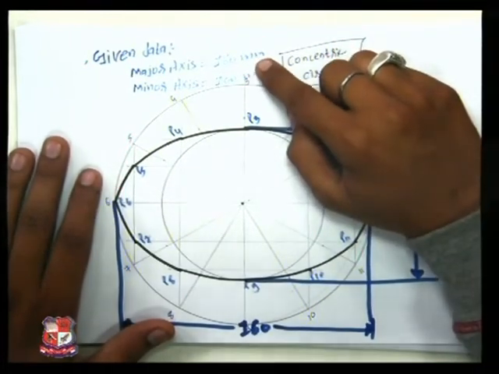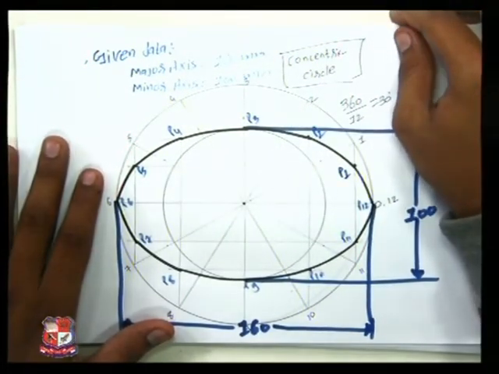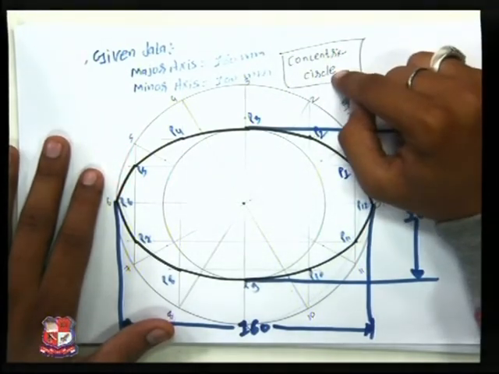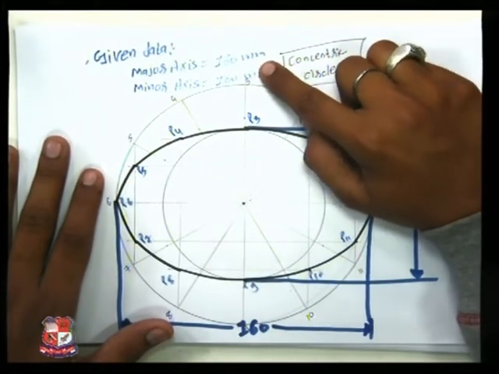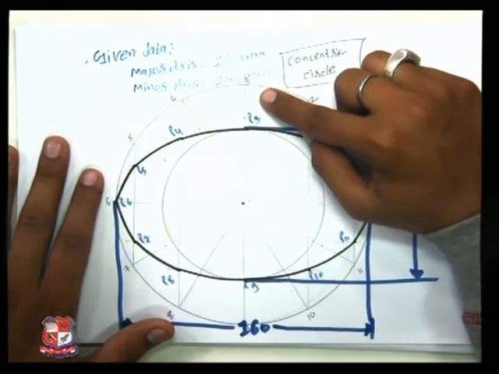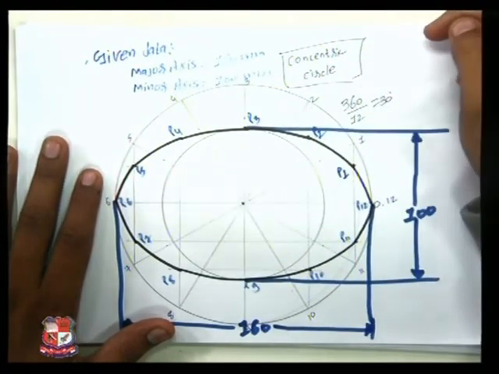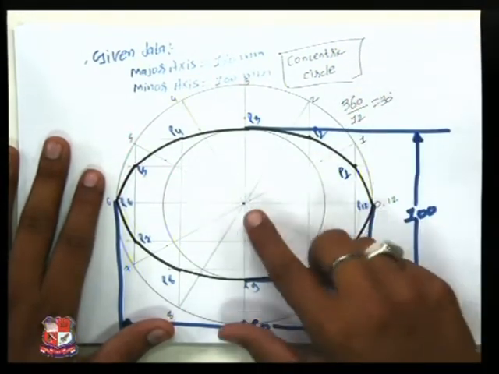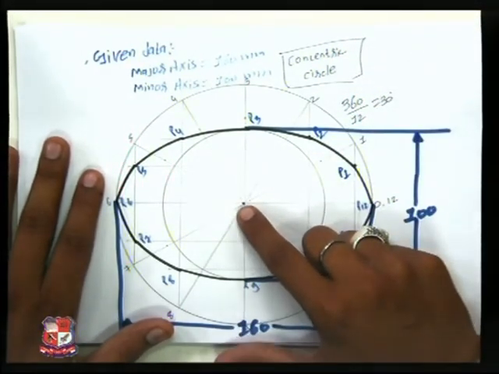We have been given data that we need to draw an ellipse using concentric circle method. Its major axis is 160 mm, minor axis is 100 mm. Now in the starting we first of all mark a point on the answer sheet.